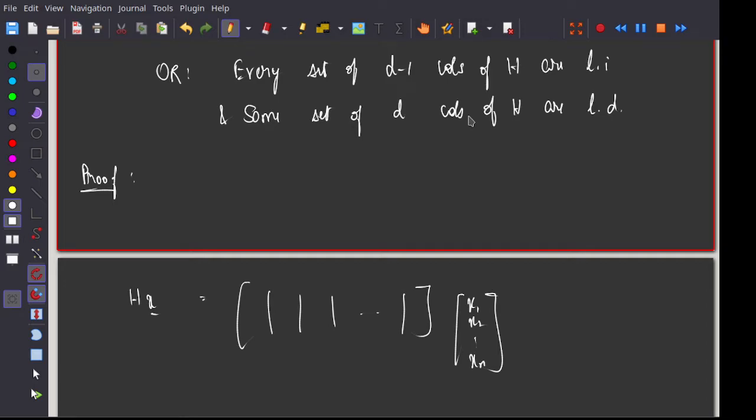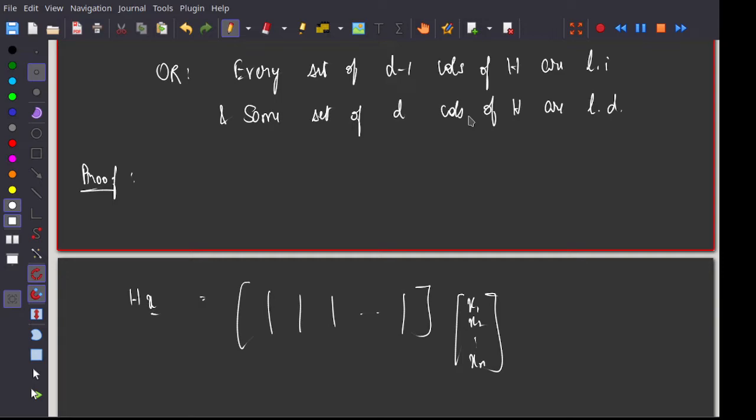How do you define linear dependence? If some vectors are linearly dependent, then it means that there is some non-zero linear combination of these vectors which is equal to the zero vector. Correct?